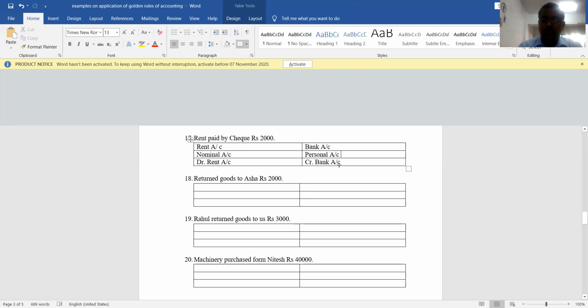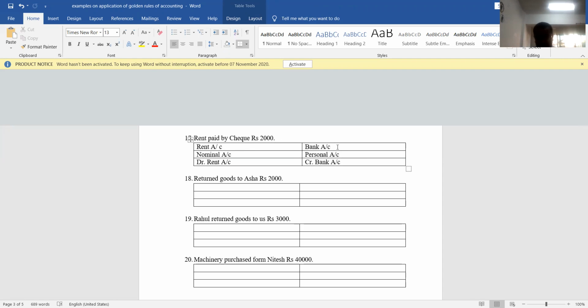Then we credit bank account. What is the credit rule of personal account? Credit is the giver. Debit is the receiver and credit is the giver. So in this particular transaction, the banker is the giver. That is the reason we are crediting bank account.